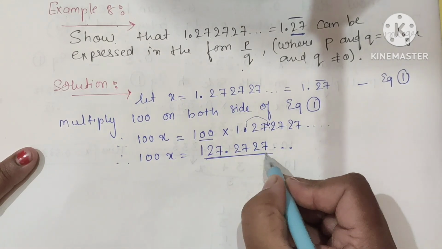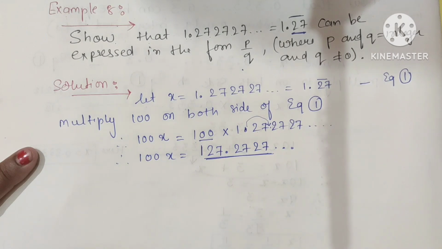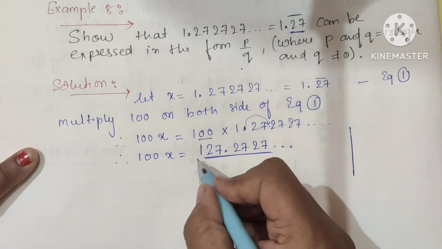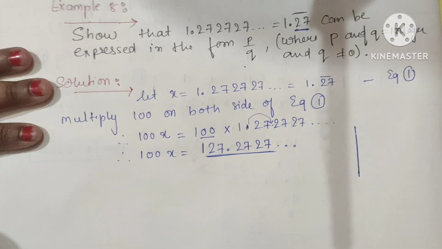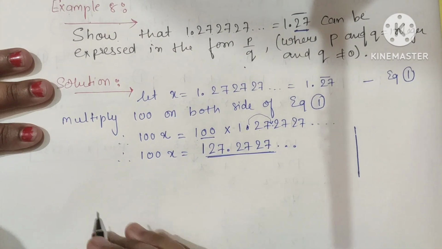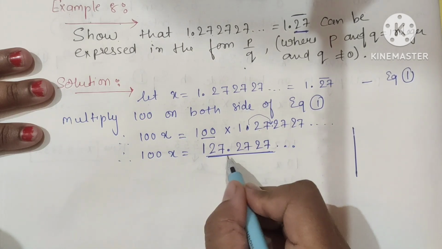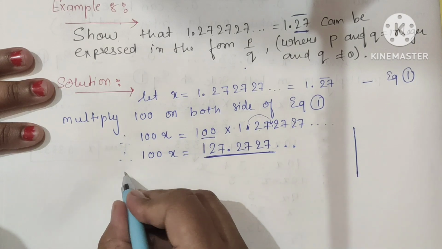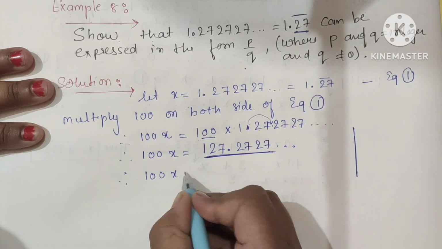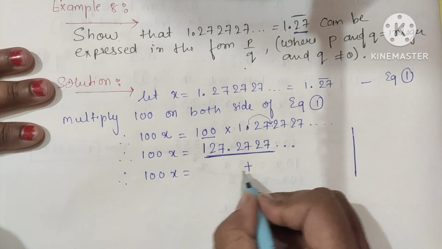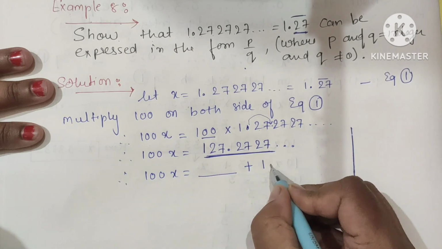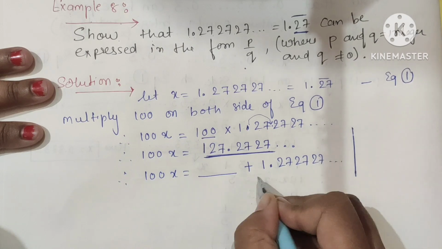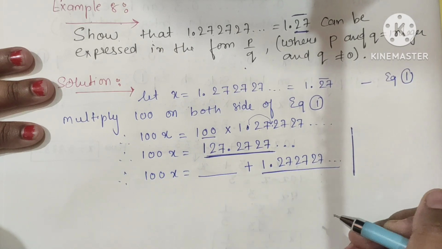How are you going to split this number? Here I will give you one trick that is simple. How are you going to separate this number? First I will write 100x is equal to, I will leave this place blank, 1.272727 and so on. Why? Because I want x over here.